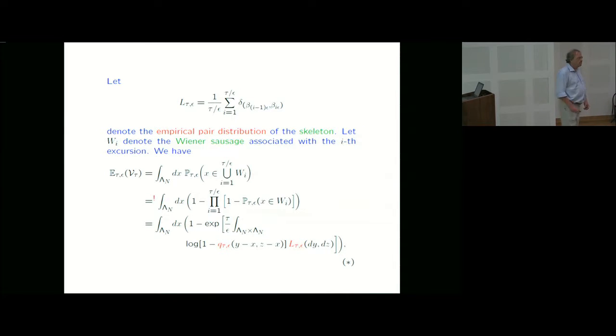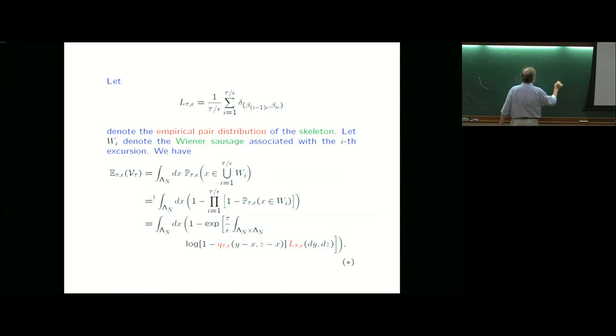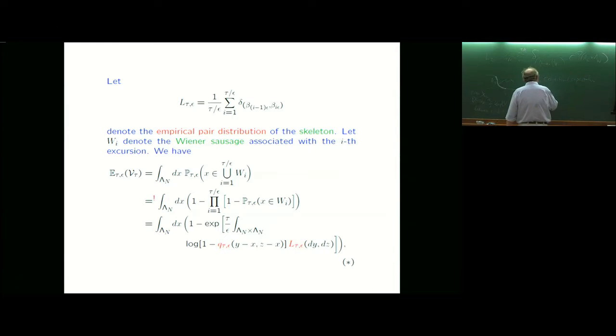This is a conditional probability, so I'm fixing the skeleton. This is the conditional expectation given the skeleton. So I can say, first give me the skeleton, then let's take expectations for fixed skeleton, and then later we can see if we can average over the skeleton.